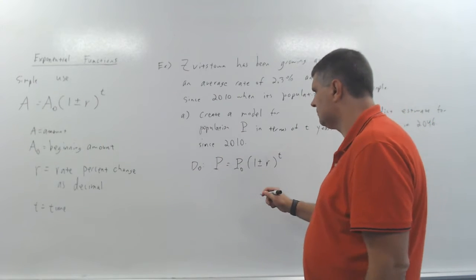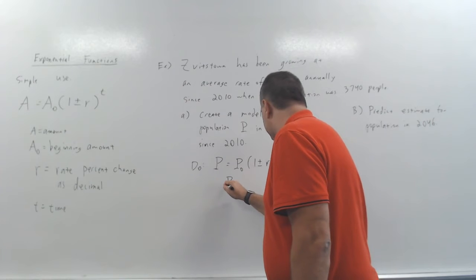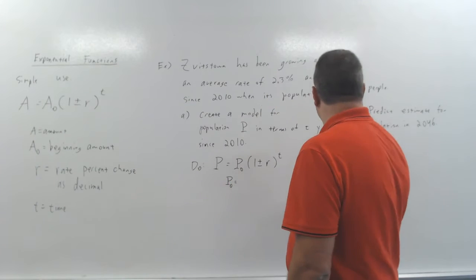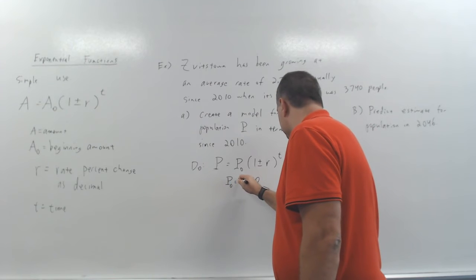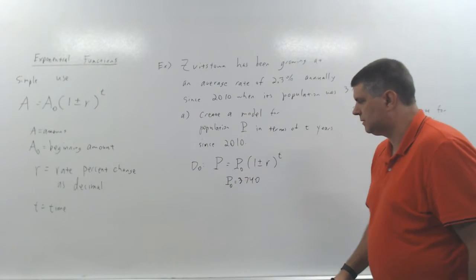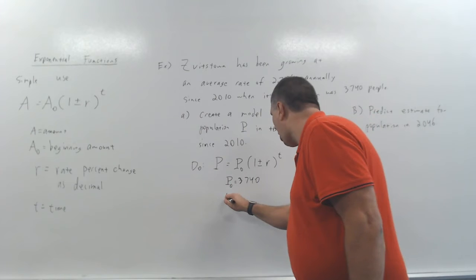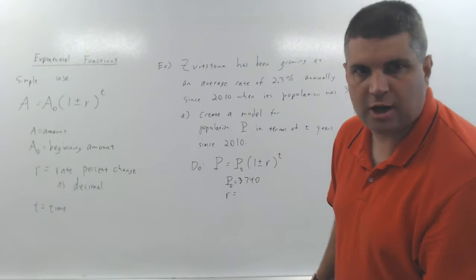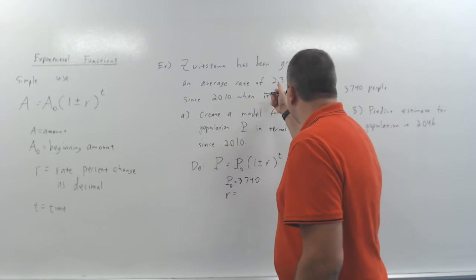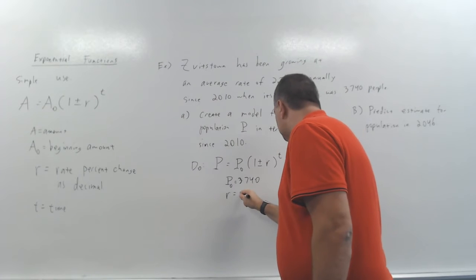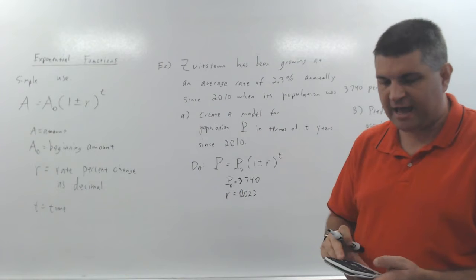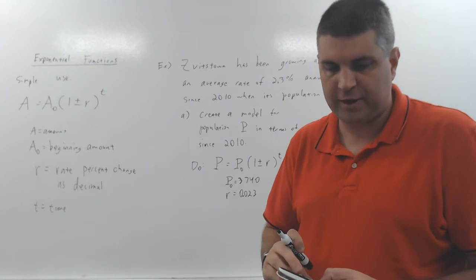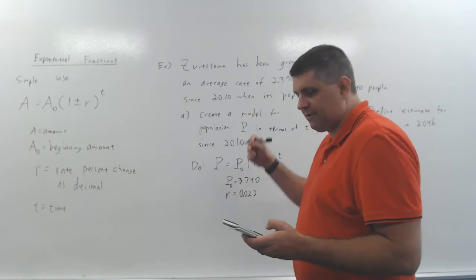Well, P sub 0 is what we're starting with, 3740. R is going to be converted to a decimal, so 0.23, its decimal equivalent. If you forgot how to do that, simply take 2.3 and divide by 100.